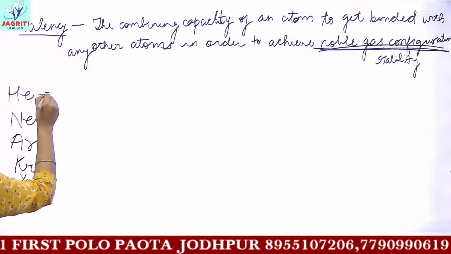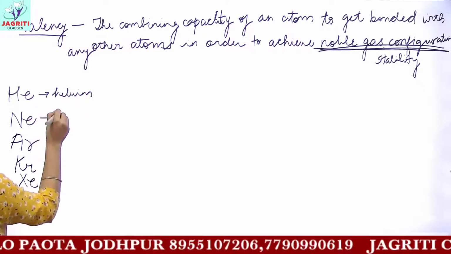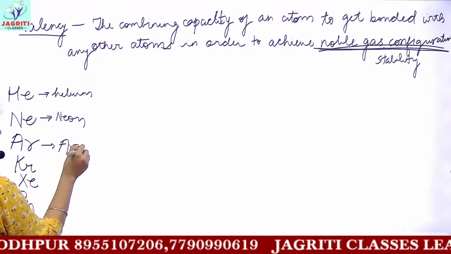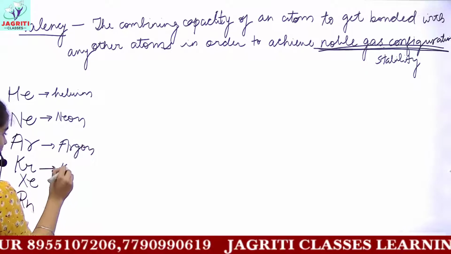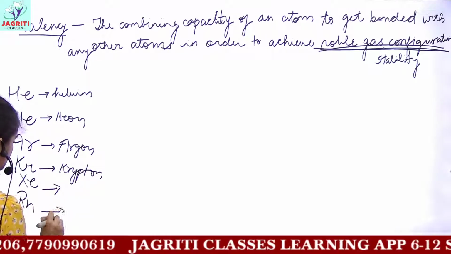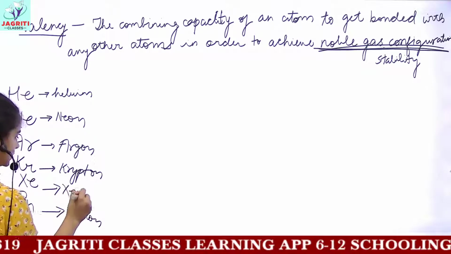This is the symbol for helium, then you have neon, then the other gas which is called argon, then comes krypton, and at the last position you have radon, and this is obviously xenon.